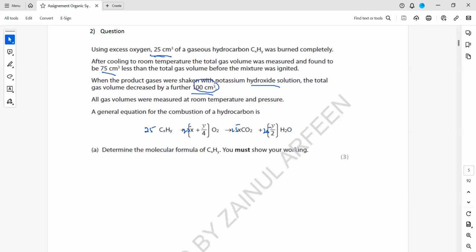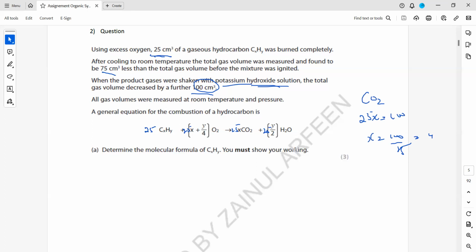So 100 cm cube, the volume reduces 100 cm cube because carbon dioxide will react with potassium hydroxide. So what is the volume of carbon dioxide? If 25x has a volume of 100, because it reduced, so x will be 100 divided by 25, so x is equal to 4. So the value of x will be 4.